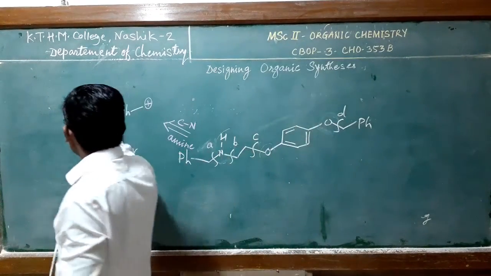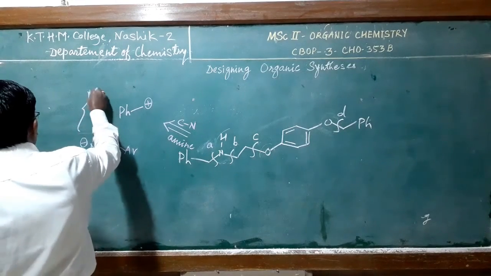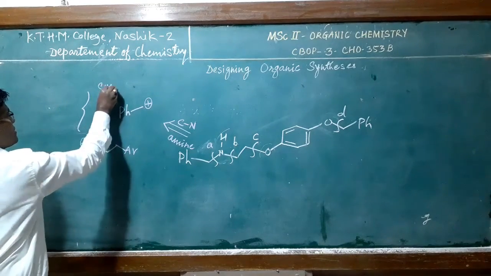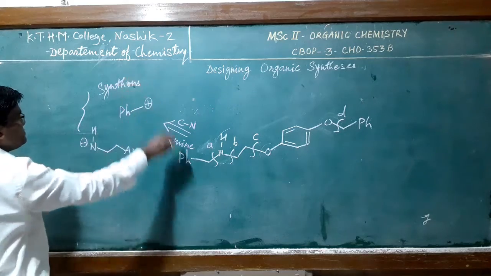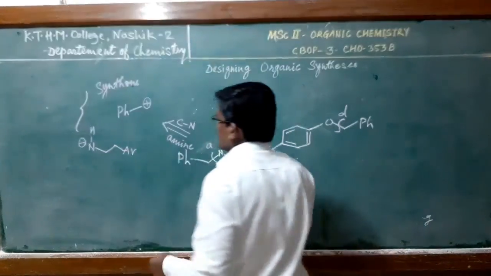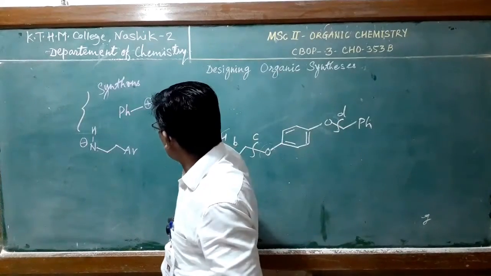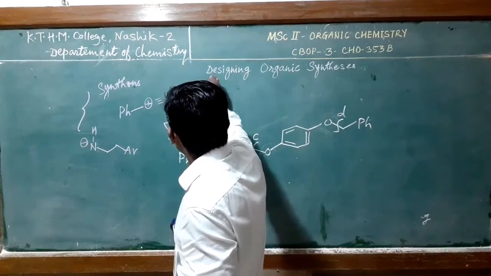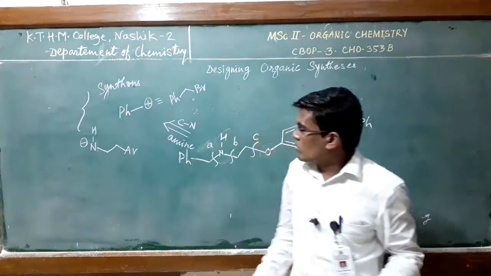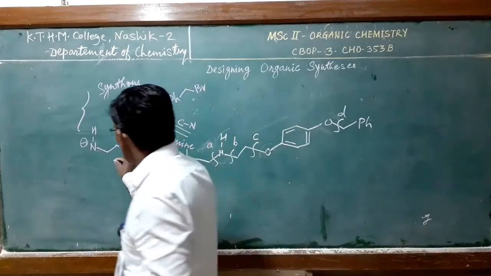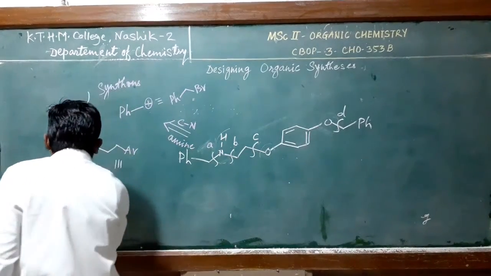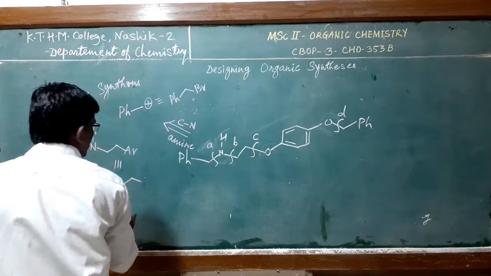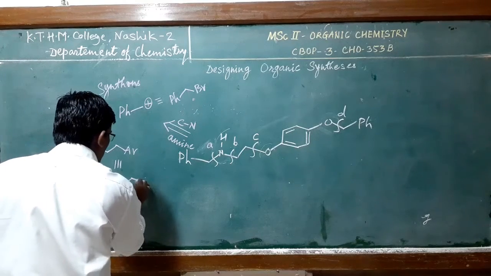These fragments are idealized fragments, which we call synthons, that we have discussed already. This benzyl cation corresponds to its chemical equivalent reagent, that is benzyl bromide. We can add bromide over there, and this corresponds to its amine. Now I will write the whole structure.